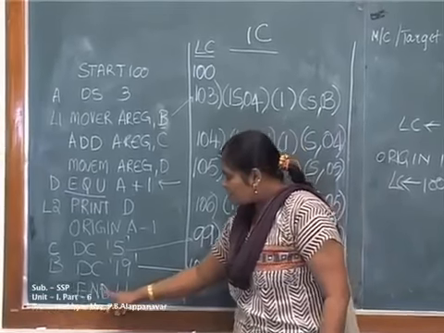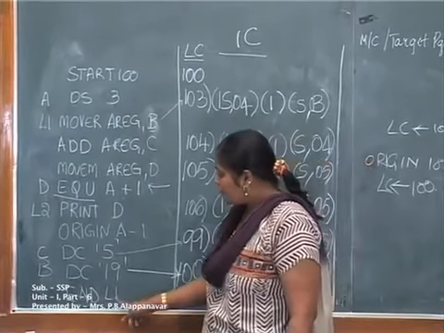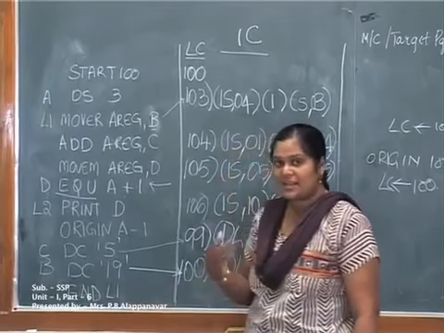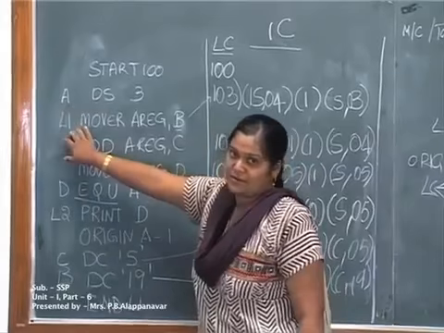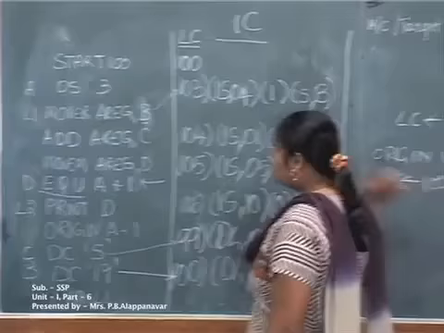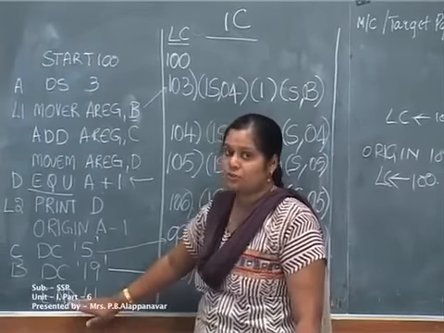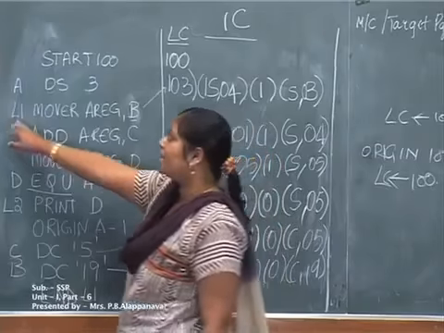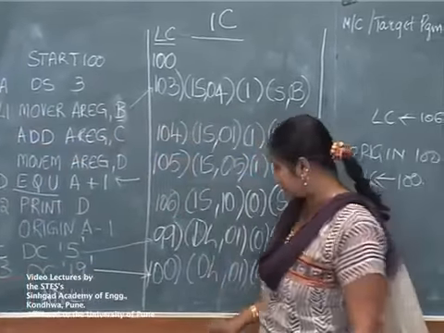Now what does this END L1 specify? L1 specifies that when the program is getting executed, it should start its execution from L1. This has nothing to do with the intermediate code or the equivalent machine code that would be generated. It simply specifies that execution of this program should start from the statement that is associated with the label L1.